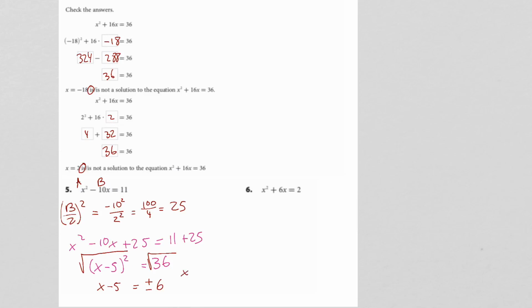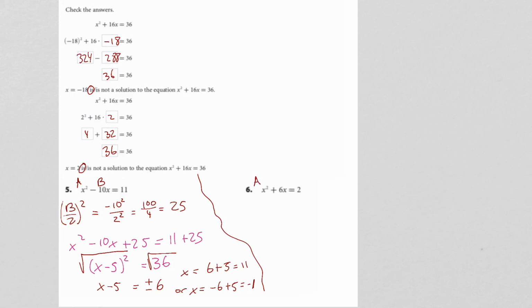So x is going to be equal to 6 plus 5, or x is going to be equal to negative 6 plus 5. So one answer is 11, and the other answer is negative 1. So that's the work for that one.